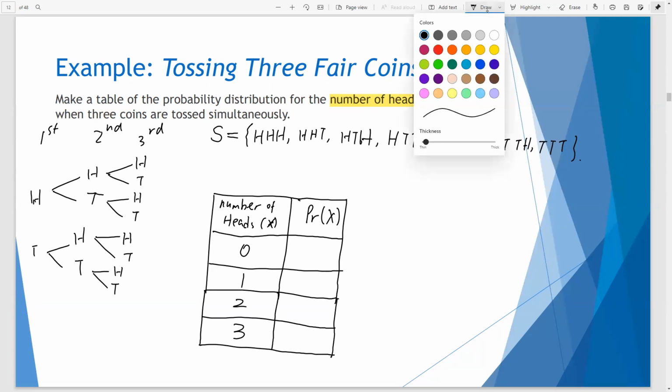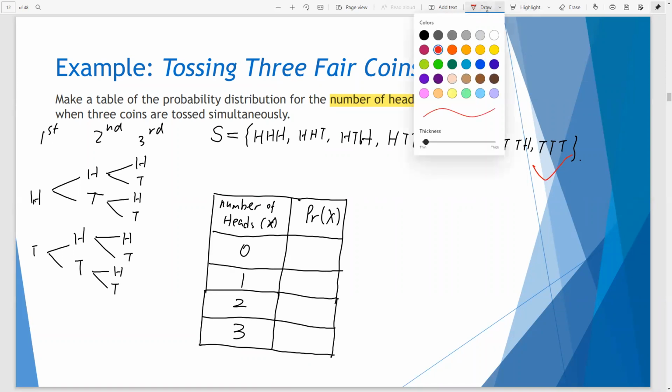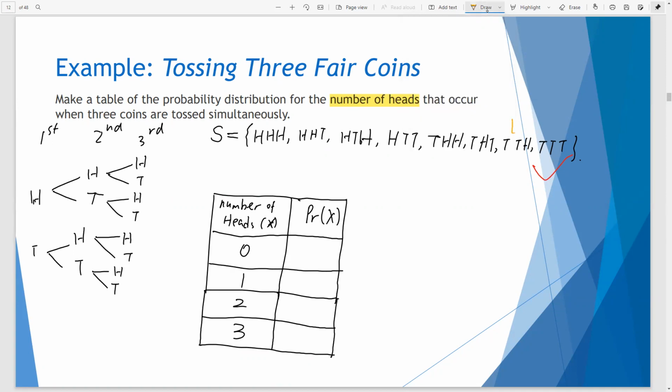Identify the same events. So we use different colors, and let me use the red. For 0 heads, that is only the 3 tails. In yellow, 1 head: tail, tail, head; tail, head, tail; and head, tail, tail. That's 3 of them.